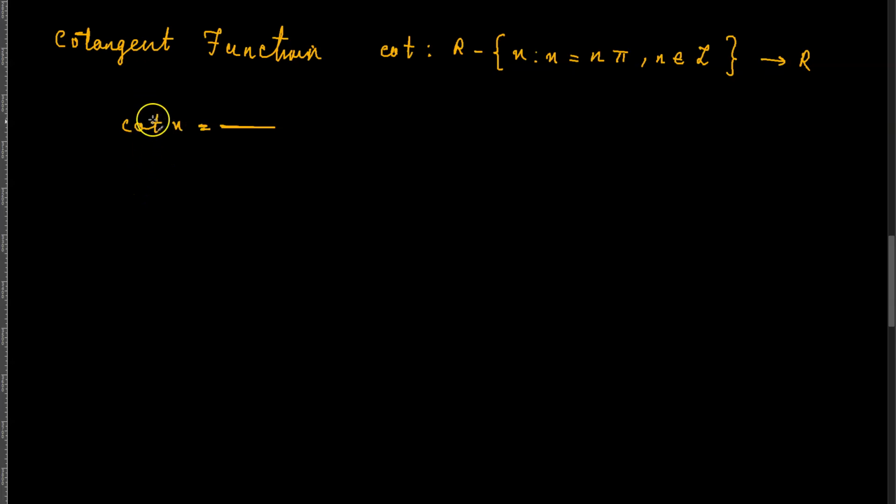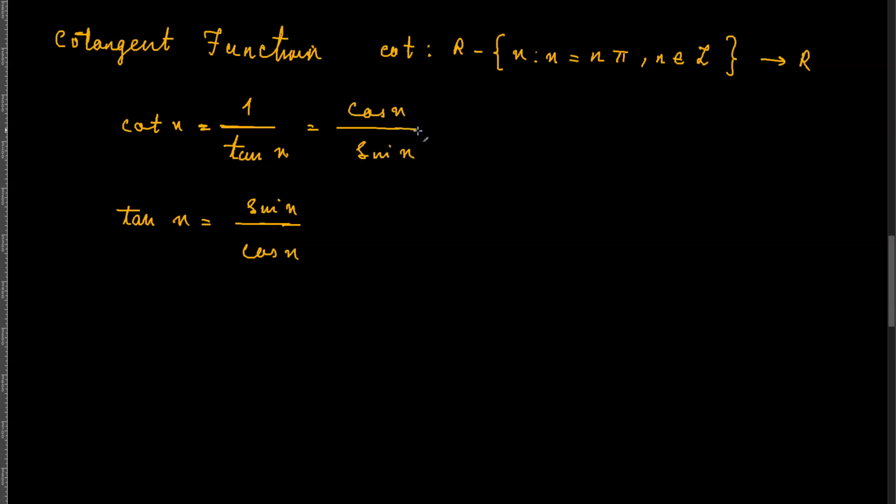We said that cot is the reciprocal of the tan function, so 1 over tan of x, and tan of x is the same thing as sine of x over cos of x, and so the reciprocal of this would be cos of x by sine of x. That means that wherever sine of x is equal to 0, of course cot x is not defined.